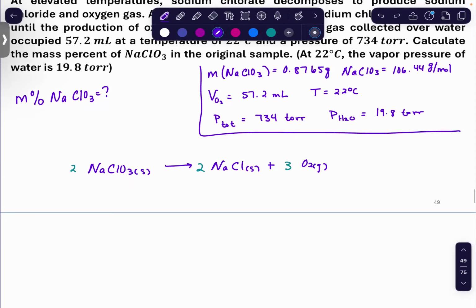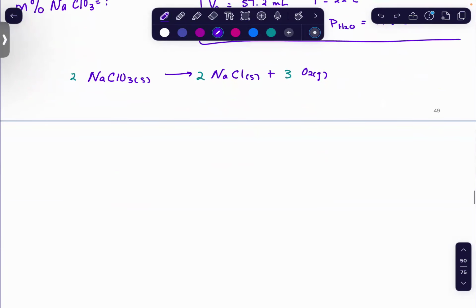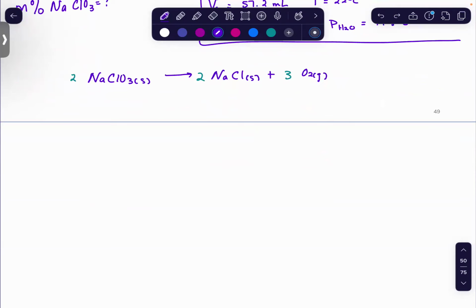Now, you have to take into account that oxygen and water vapor are mixed together, so I have to factor out the water vapor. What is the partial pressure of O2?